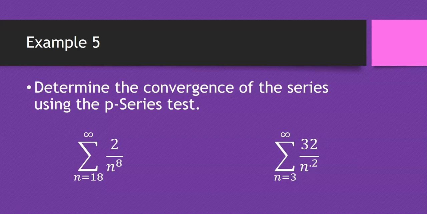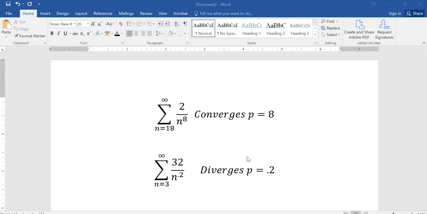Let me write that down. There you go, I've written both down. So again, this infinite series, even though we started our count at 18, even though we had a 2 as our coefficient instead of a 1, still converges because the n to the 8th power is the thing that the integration is going to care about.